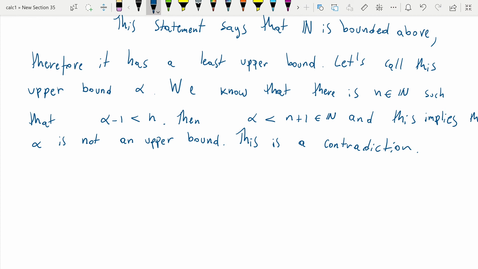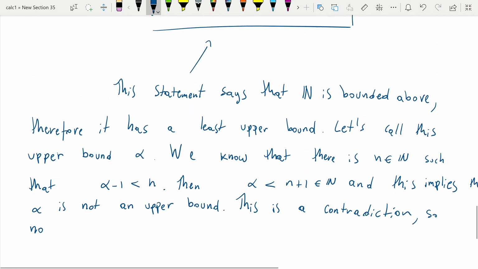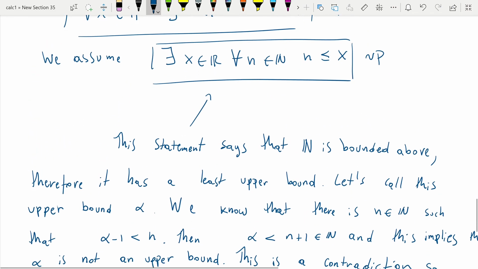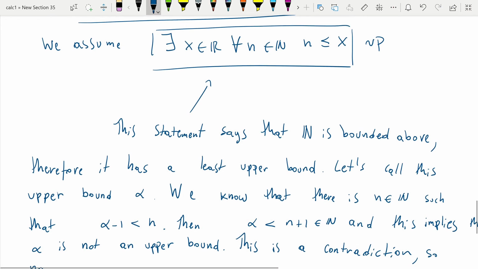This is certainly a contradiction, because if N were bounded, and since we are in R, then if N is bounded, it should have a least upper bound. And what was the wrong thing? We assumed here that there is an x in R such that every n is bounded by x.